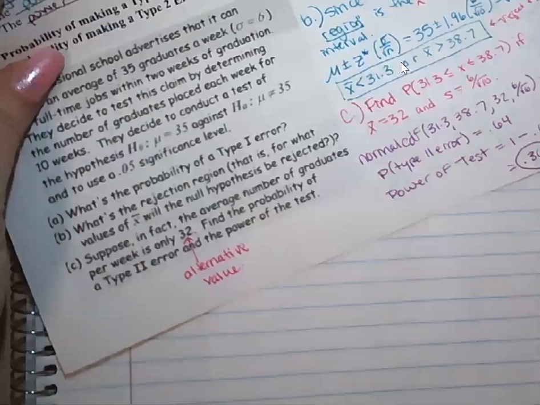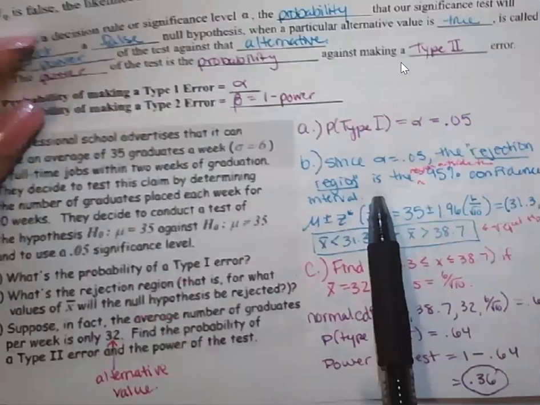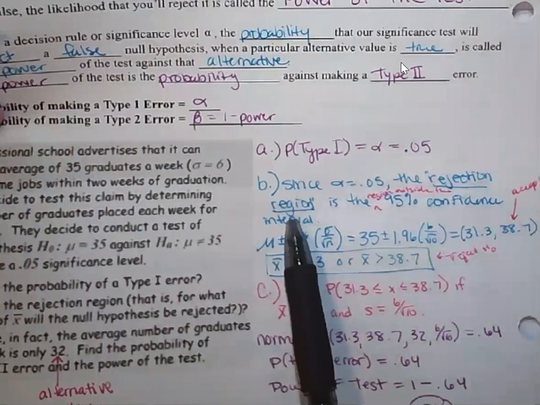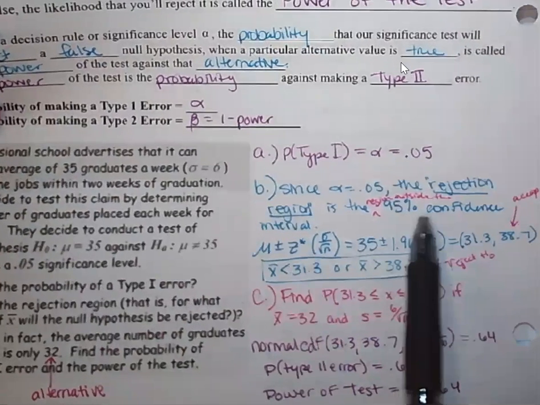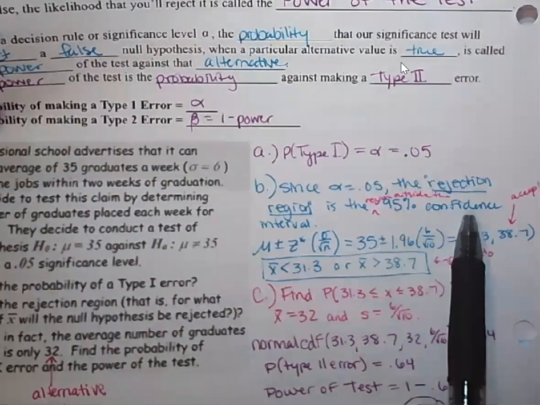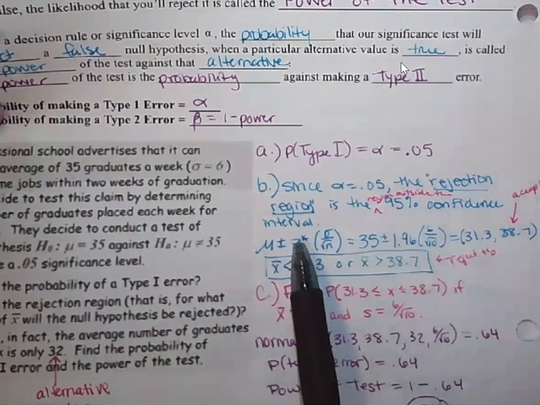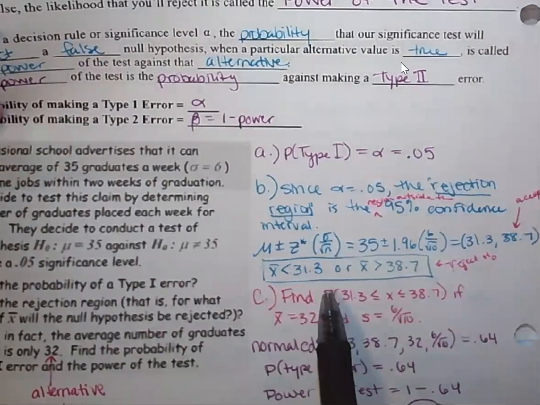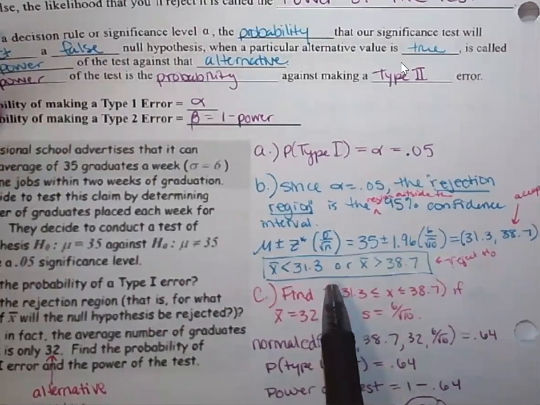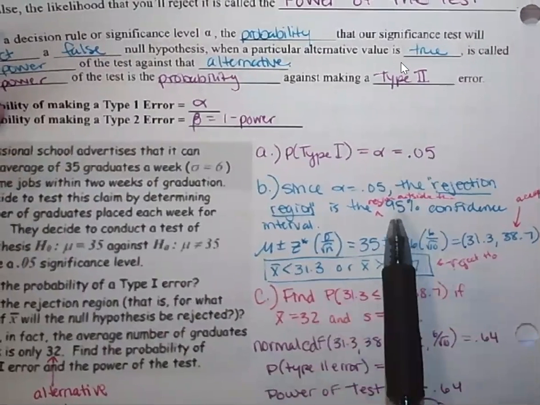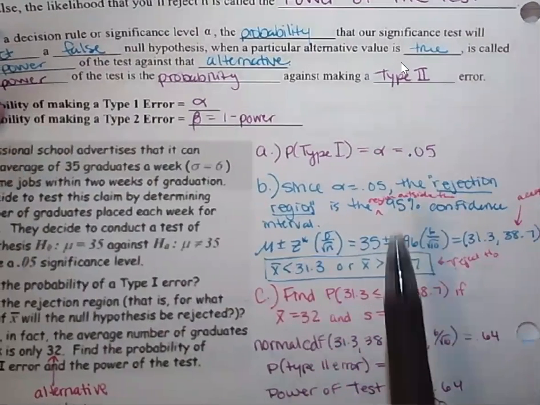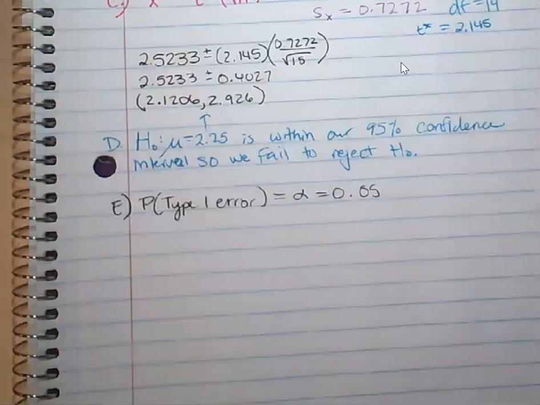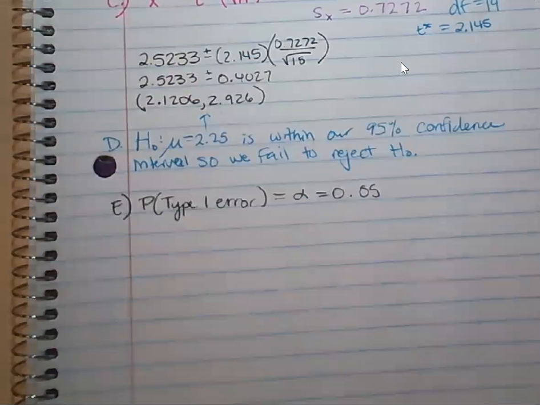Remember, the rejection region is the region outside of our confidence interval. So we need to find the probability that our t-value is outside of our confidence interval. That will be the power of the test, and the complement of that is the probability of making a type 2 error.